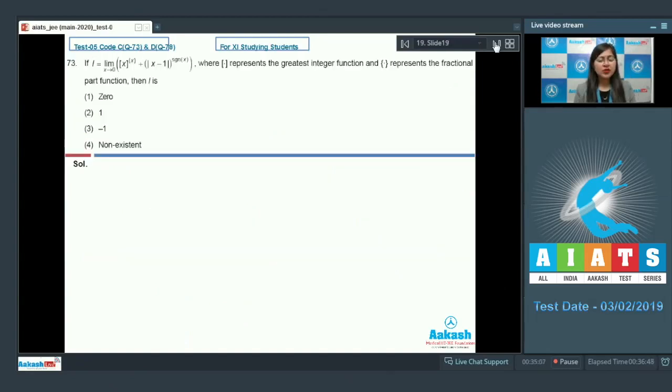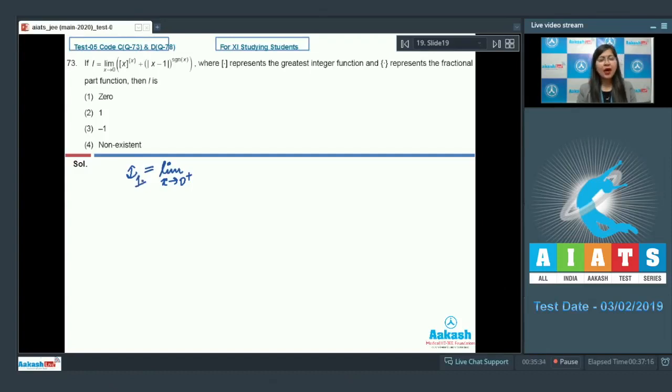Next is question number 73, which says that if I is equal to limit x tending to 0, of [x] raised to the power fractional part of x plus modulus of (x minus 1) to the power signum x, right? We have to find the value of I here. Okay, so let us firstly find the right hand limit, that is limit x tending to 0 plus, right?